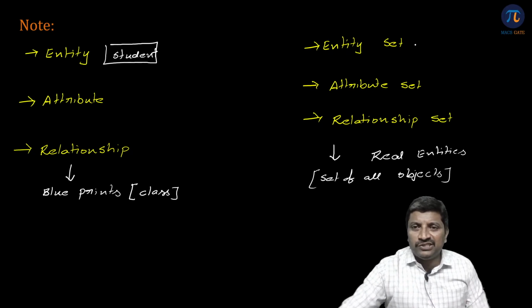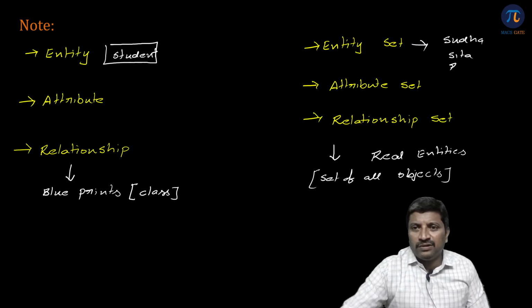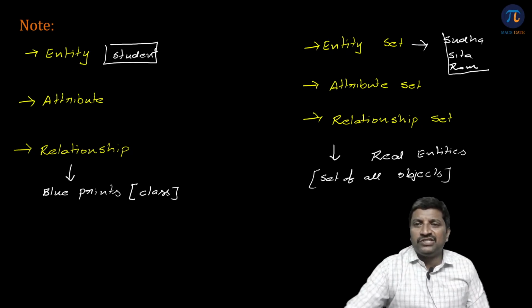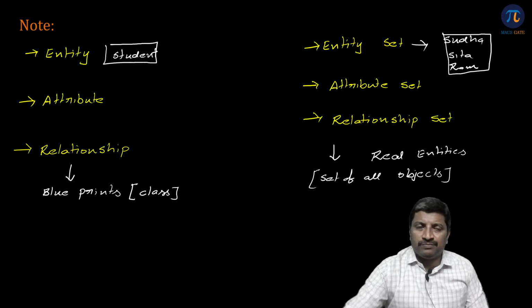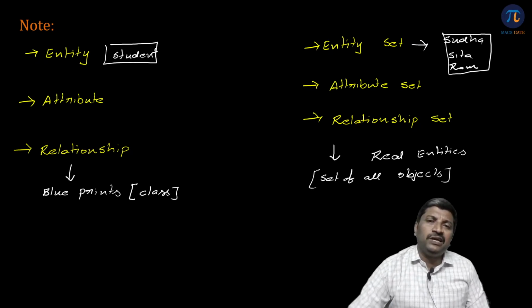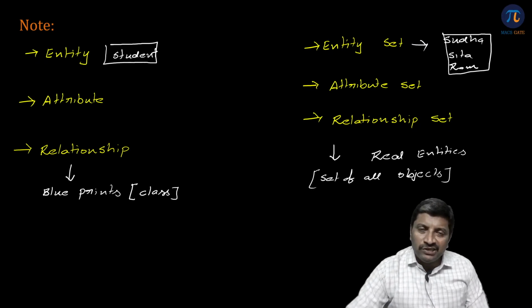Then what is entity set? Suppose I am considering some students who is Sudhakar, Sita, Ram, like that. Then this collection is called entity set. So entity is a blueprint. Entity set is a collection of real objects.